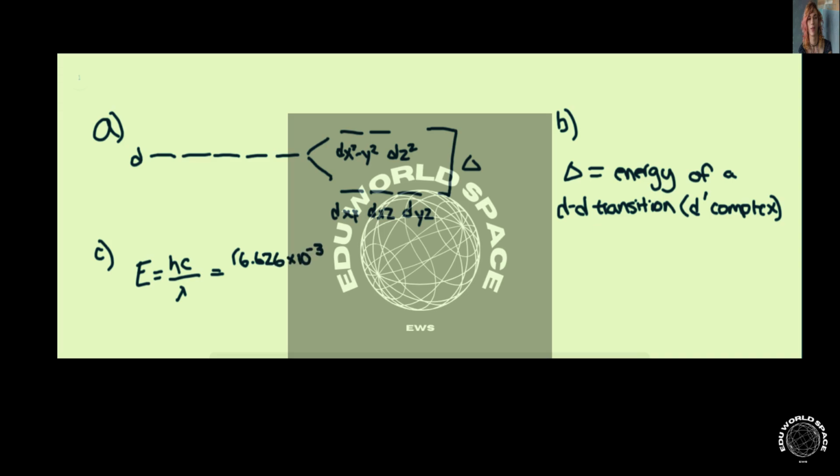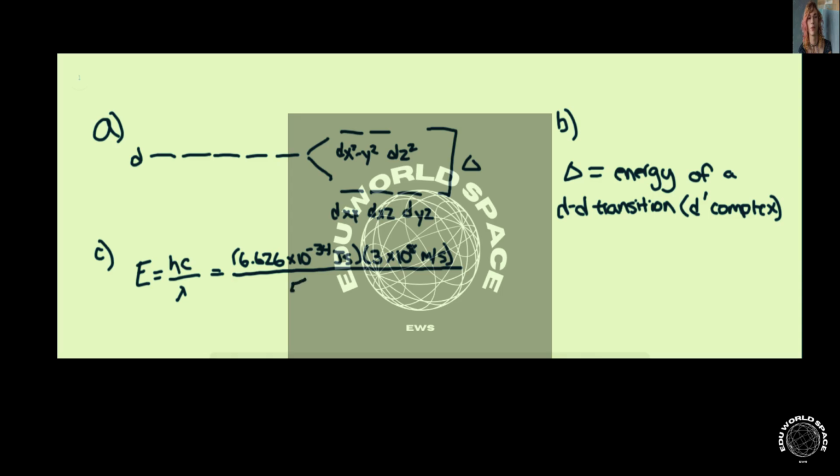So if we write this out with all of our values, we'll have h as 6.626 times 10 to the negative 34 joule seconds, c of 3 times 10 to the 8th meters per second, and then our lambda, which is 545 nanometers, but I'm going to go ahead and convert that to meters.